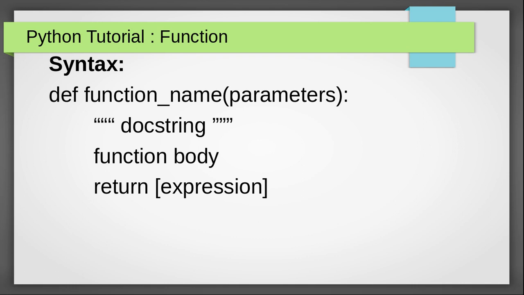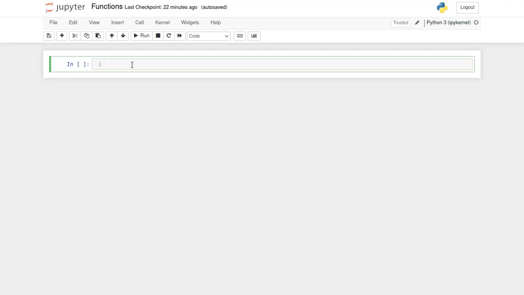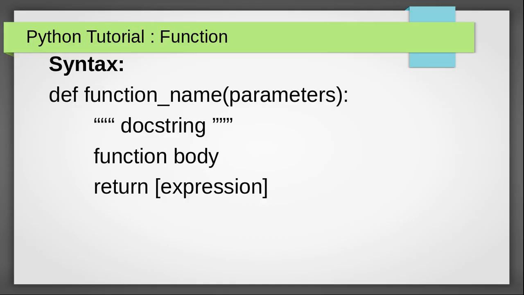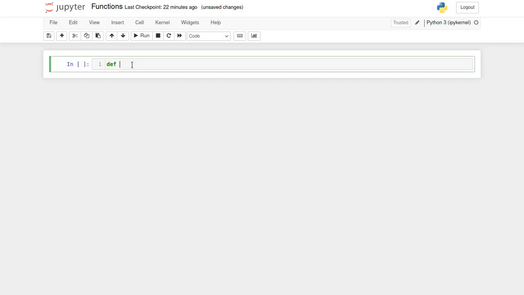So let me explain with code how we are going to create a function in Python. As I told, the first one is def, the keyword of the function, and then the name of the function. Here I am going to write a program for addition of two numbers using Python.